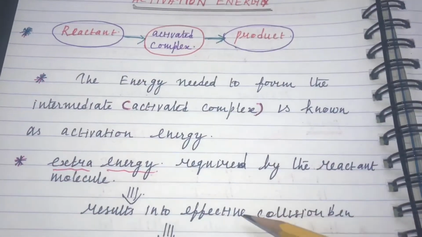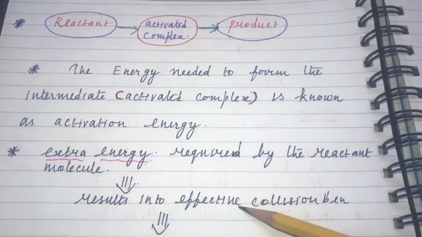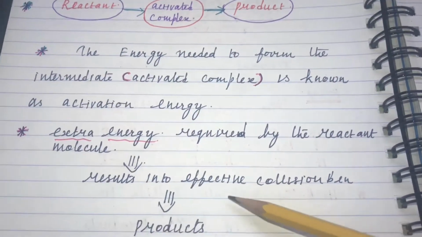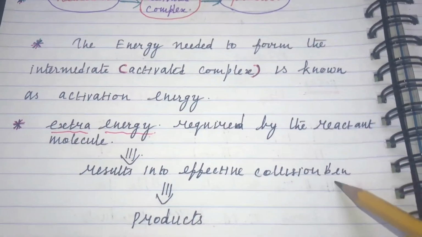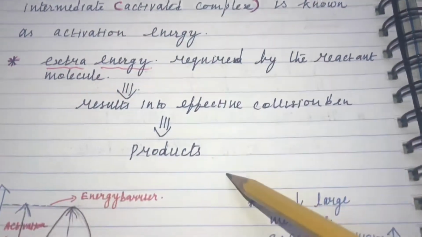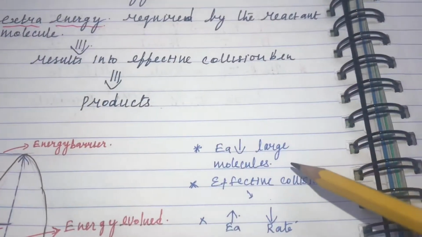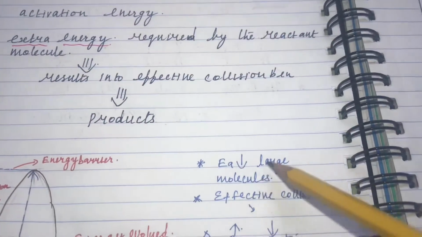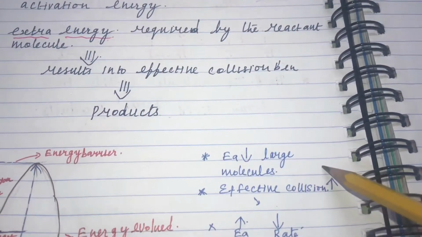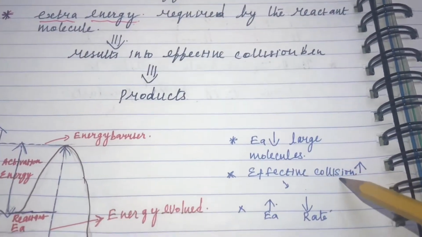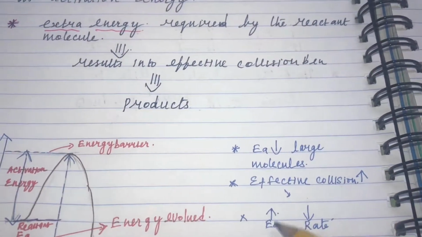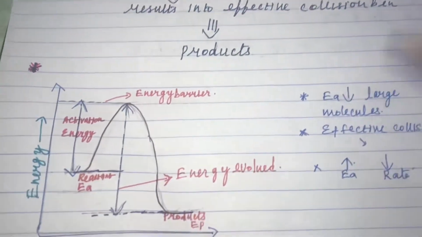How does the activation energy come? It comes for the reactant molecule from effective collision between the atoms and molecules, which is helpful for the formation of the product. If the molecules possess more activation energy, more product forms. So the activation energy comes from effective collision. The more the activation energy, the more the rate of reaction.